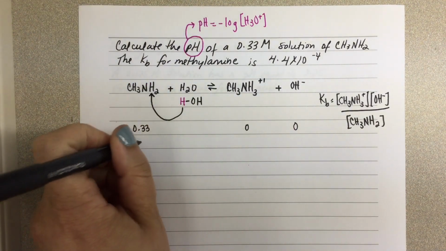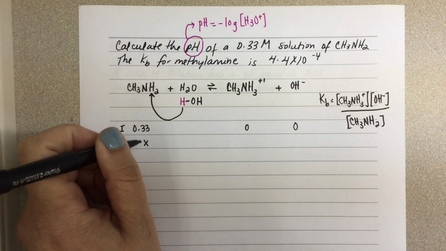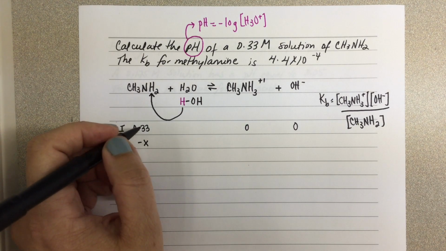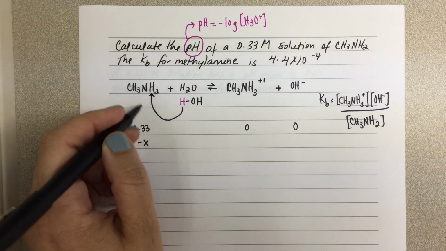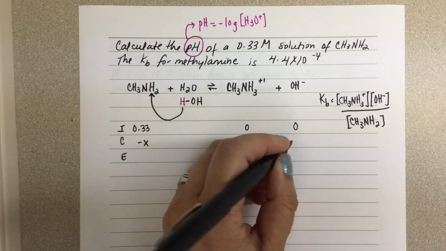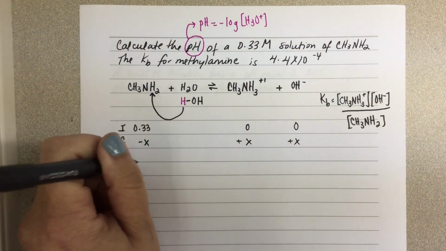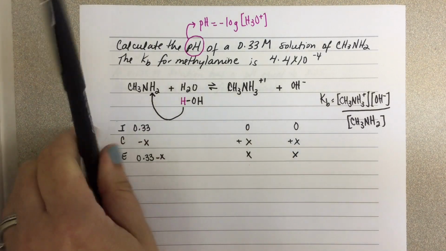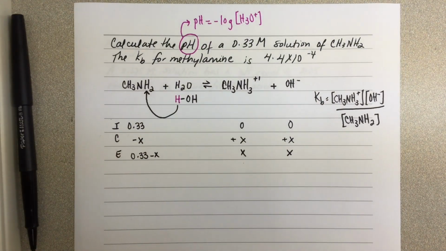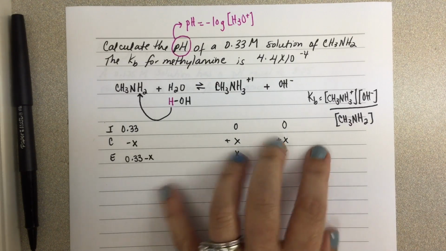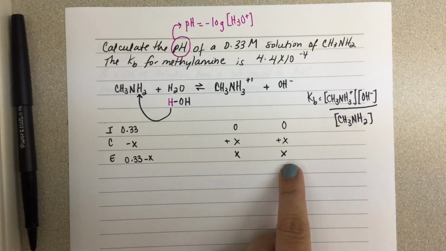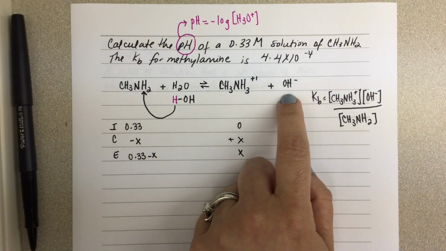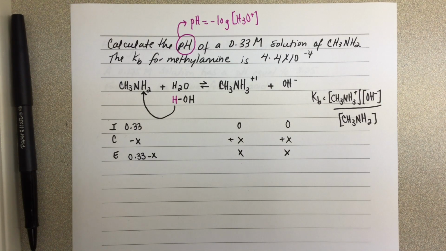They change. The base concentration will be decreasing by a certain amount, and with that amount that you're losing from your base, you're getting the ions in solution. So in equilibrium, that will be 0.33 minus X, X, and X. If you check your problem, we can use our expression here to find out how much is X. And the value of X is going to give you hydroxide, not hydronium.